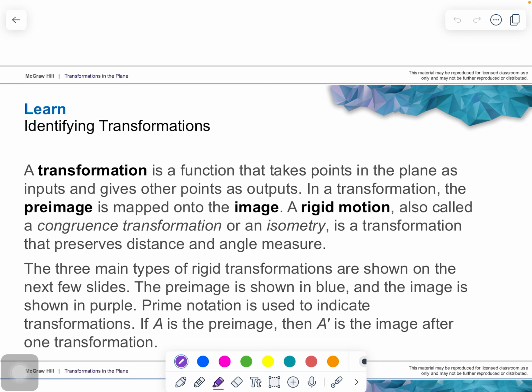What I want you to write: a rigid motion, also called a congruence transformation or an isometry, is a transformation that preserves distance and angle measure. Those are your fill in the blanks.